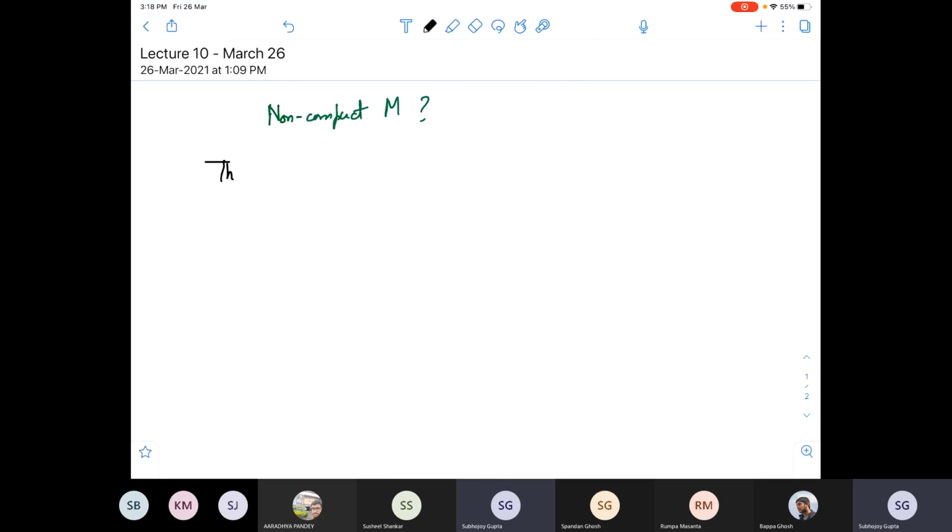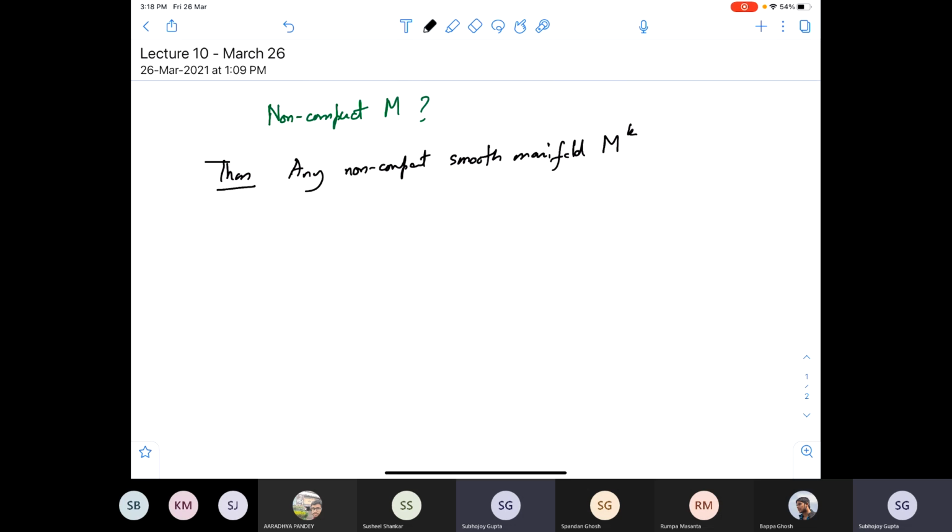Okay, so the theorem that we'll start with is: any non-compact smooth manifold. I mean, it's clear we are all the time working with smooth manifolds, so maybe it's redundant writing that.